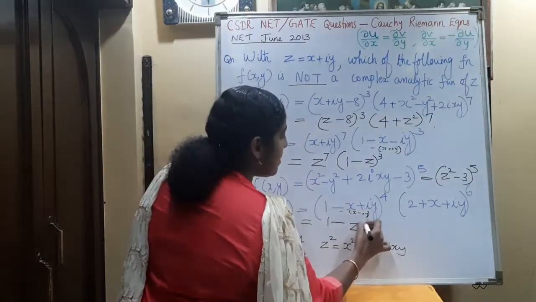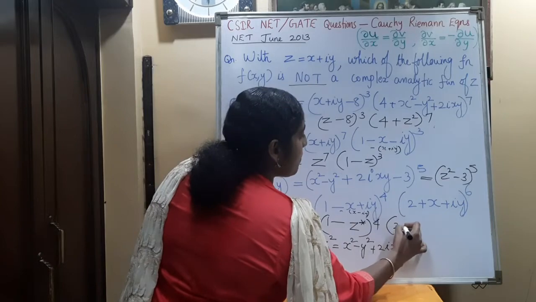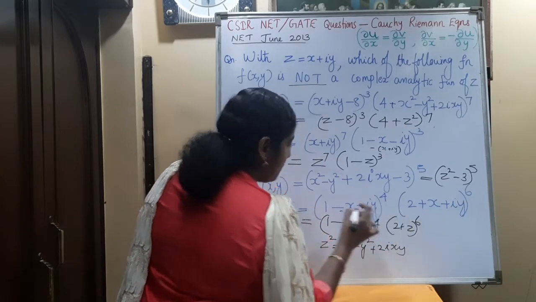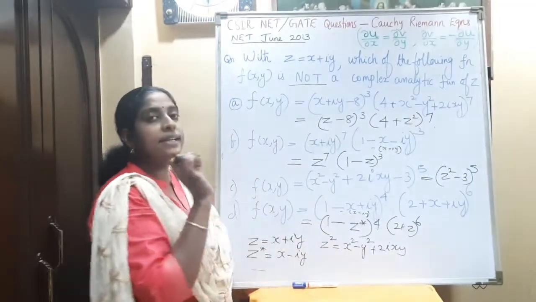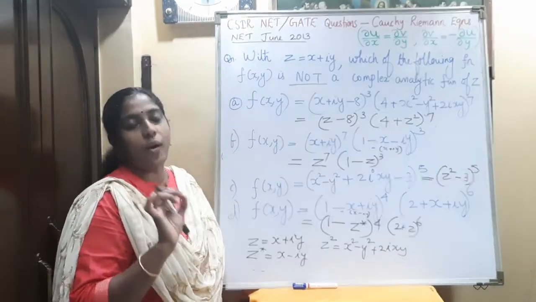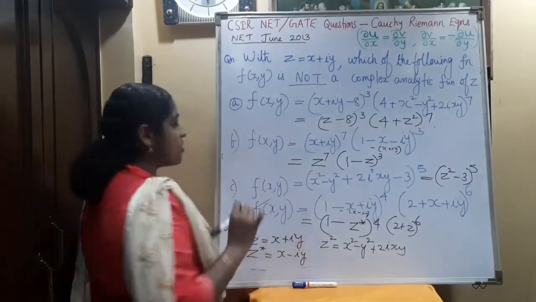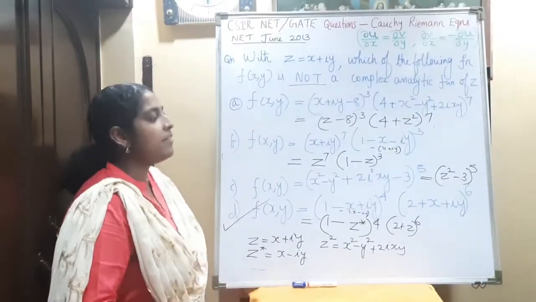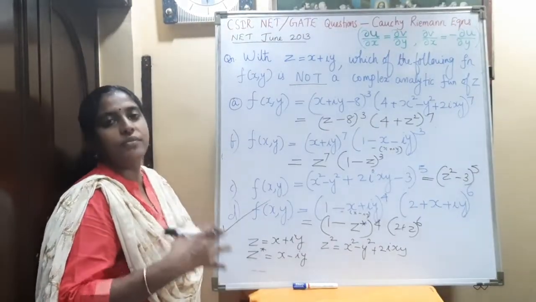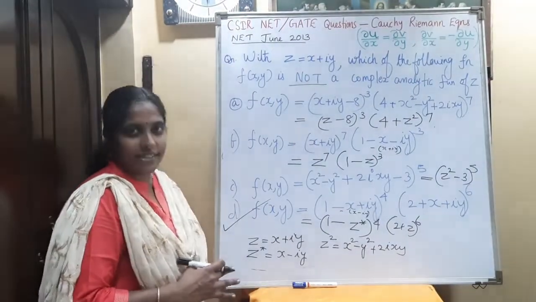So this is (1 minus Z star) raised to 4 into (2 plus Z) raised to 6. So in option D there is a complex conjugate term, Z star. So we can say that this function is not analytic. Randomly, we can check if any term consists of a complex conjugate, then we can confirm that the function is not analytic.